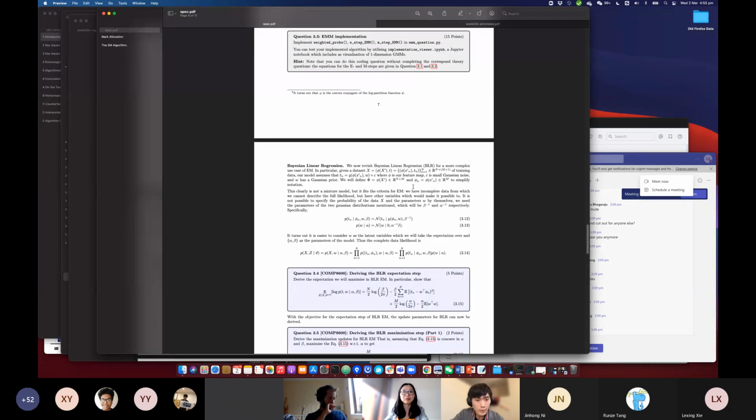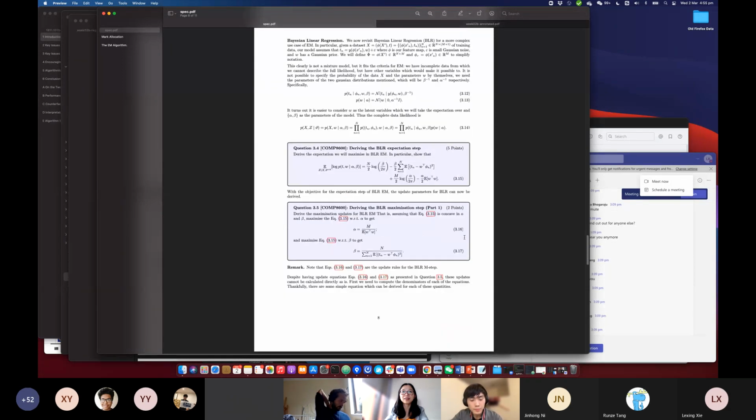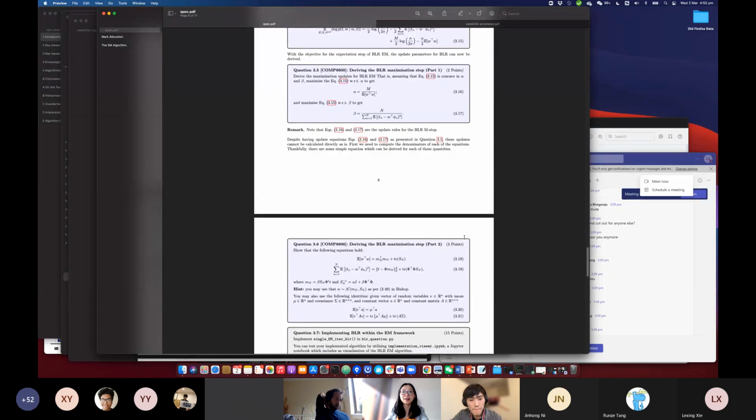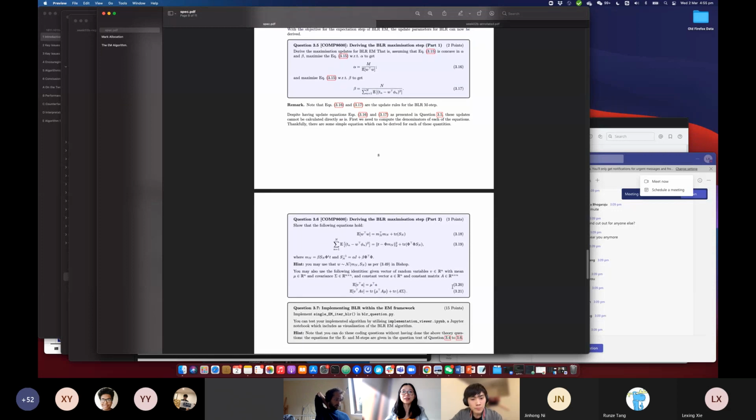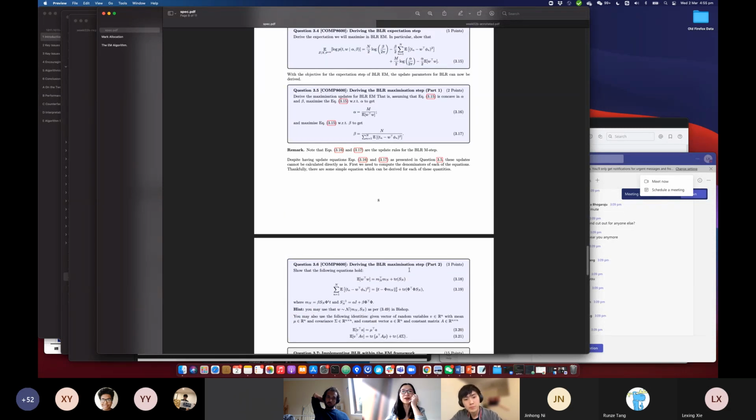Okay, so we talked about Bayesian linear regression, and the notation here is largely the same as what we saw today. Now the rest of this task: 4670 students are only required to do the implementation, but 8600 students are expected to derive this as well.